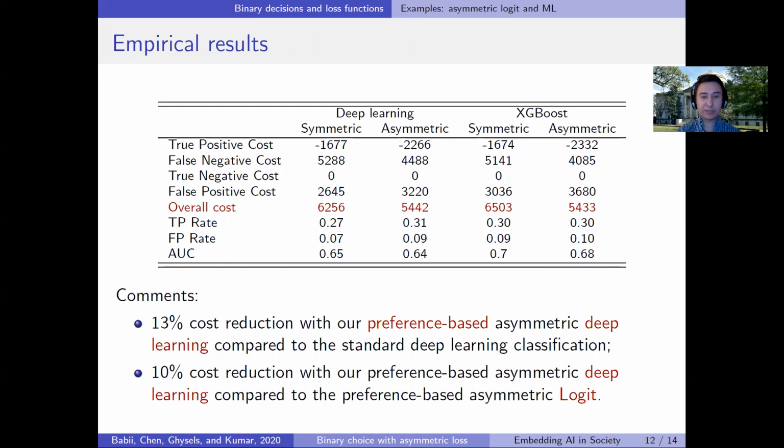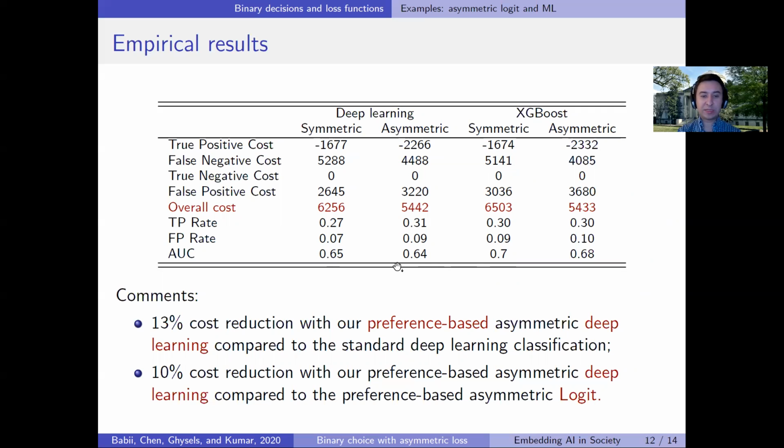So these are the empirical results. What I would like to highlight here, we use deep learning and boosting, and in particular, the XGBoost algorithm. Standard implementation with symmetric loss functions. So this is this column and this column here. And we try our asymmetric approach based on the economic cost of crime and benefits of detention. So we have these results here.